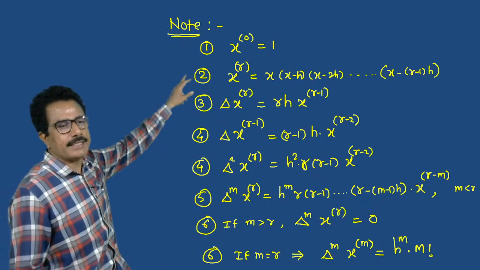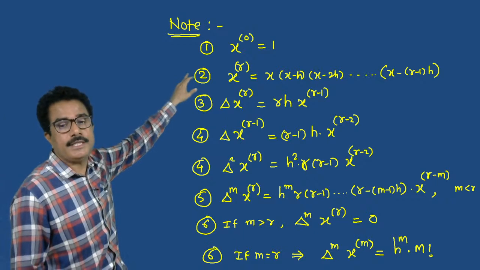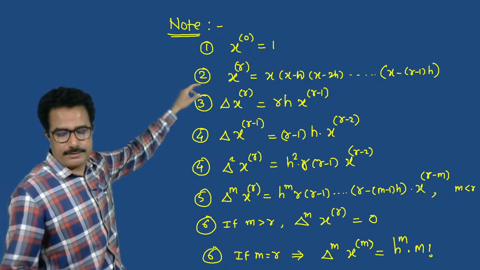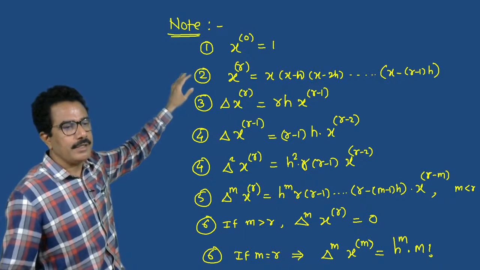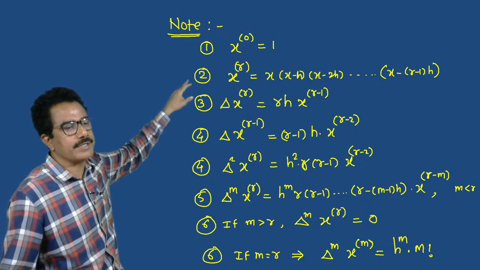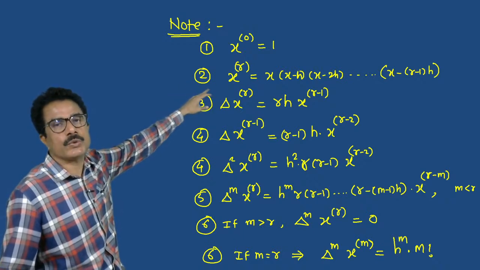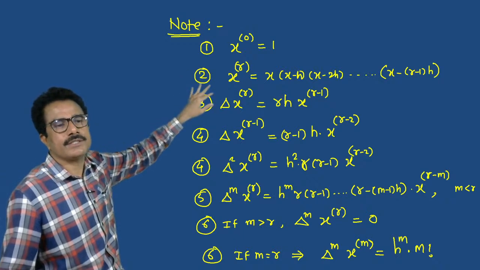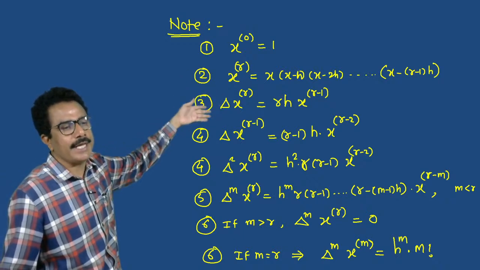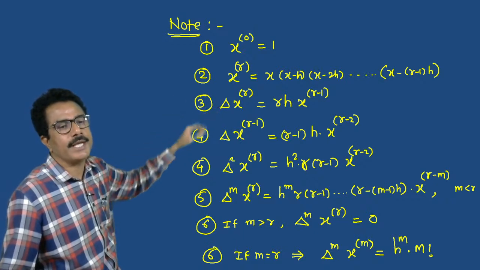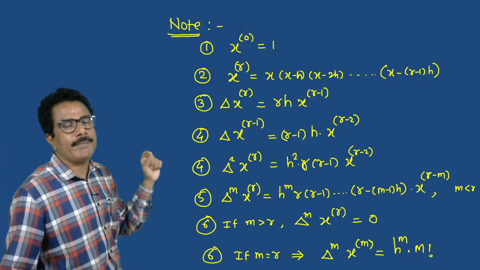Now see here, these are the different concepts which we have studied in the previous lectures. Factorial function, these are the notations regarding a factorial function. That means x raised to r factorial is the product of successive decreasing terms: x into x minus h into x minus 2h up to x minus (r minus 1) into h.